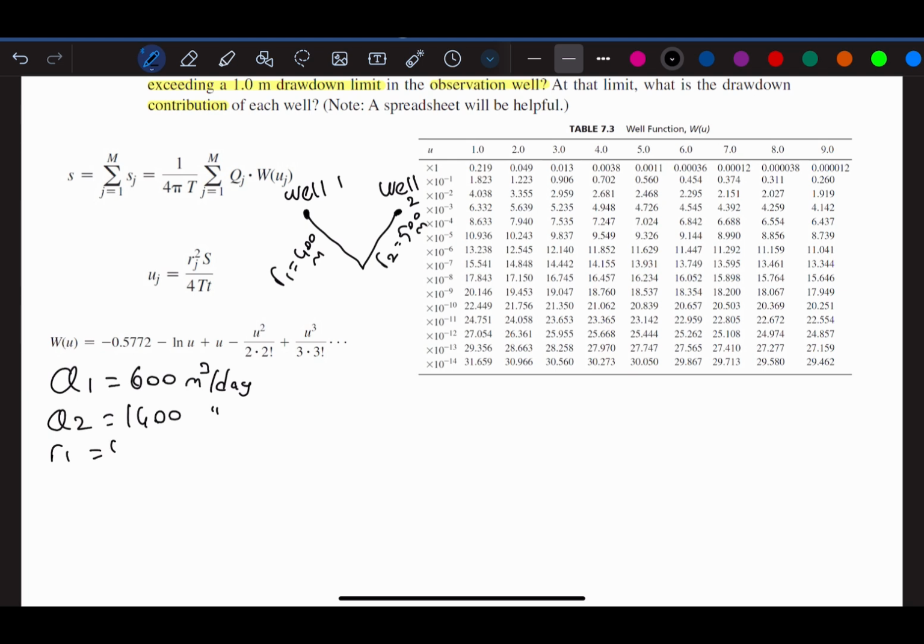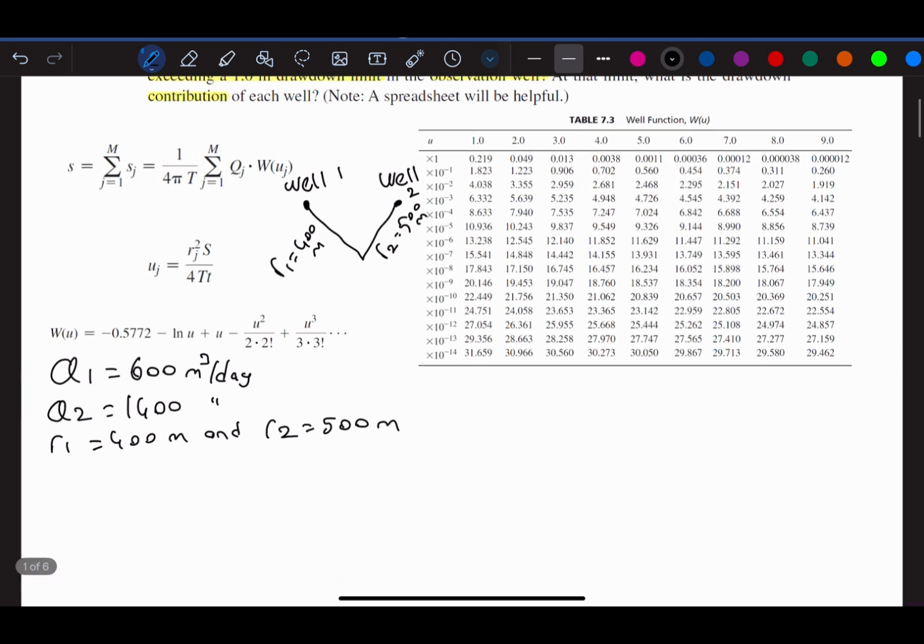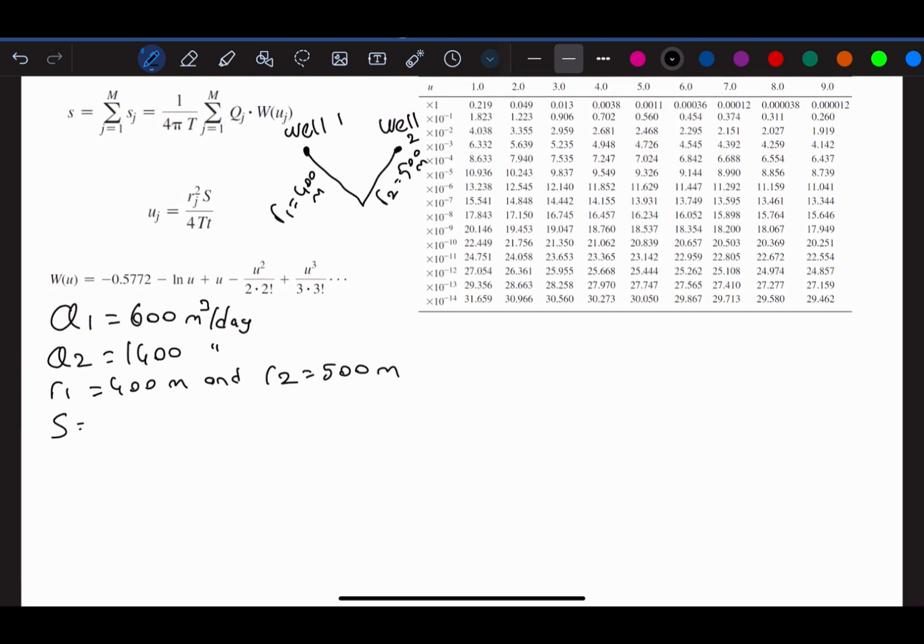Let me add this. And also we have a storage coefficient and transmissivity as 500 square meters per day.